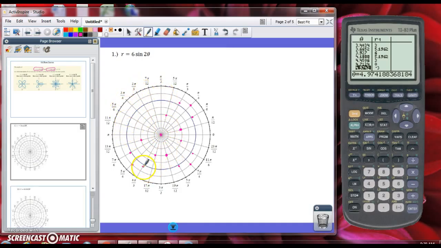And it's pretty intuitive at this point. We're just going to follow that same pattern, right? And you can get it off of the table as well if you're not totally sure. We're down here in this fourth quadrant, but all of our values are negative, so that's reflecting us over the pole, or flipping us over the pole. Now we're up here. So I'm at 3, 5.2, 6, 5.2, and then I'm back at 0.